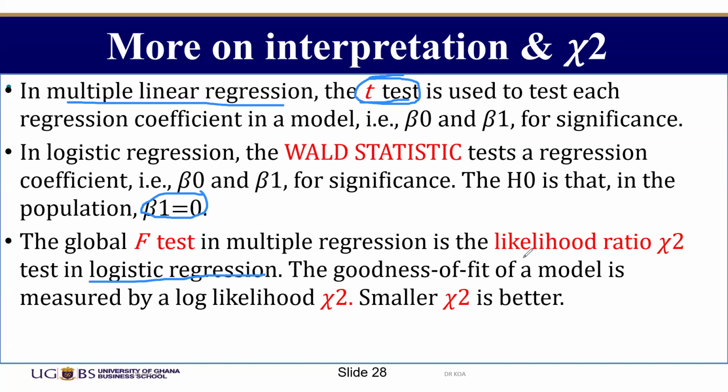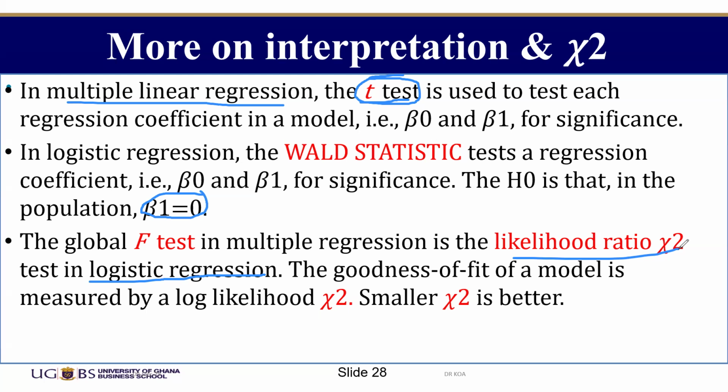We rather use the likelihood ratio chi-square test. So this goodness of fit test is measured by the log likelihood chi-square ratio. You will see the value right there when we go to the practice. And a smaller one is better. Remember, in the normal regression, a bigger F test is better. A bigger t-test is better.